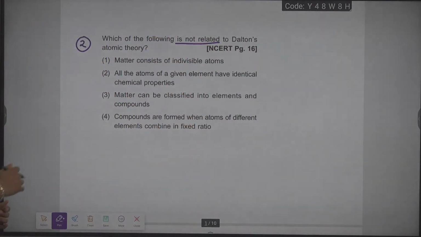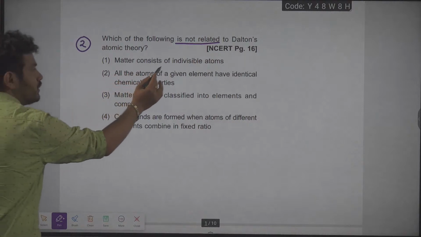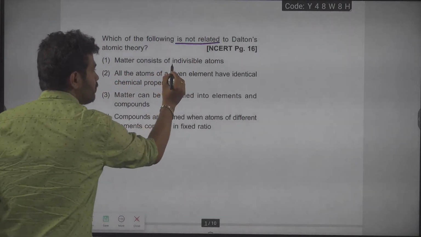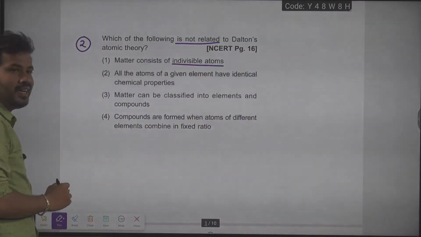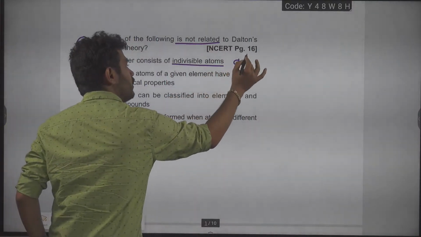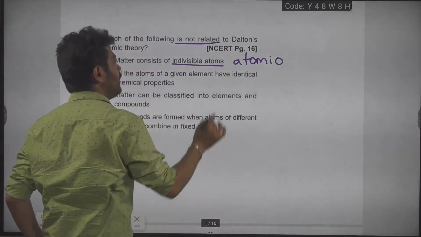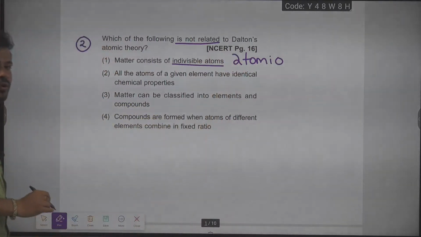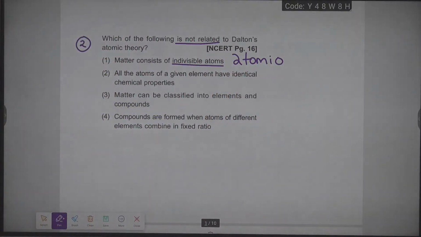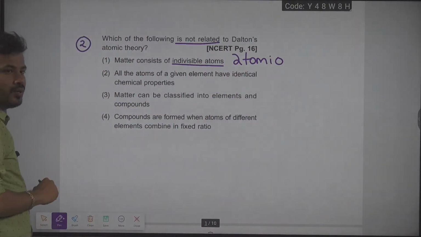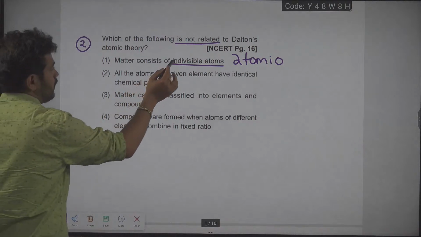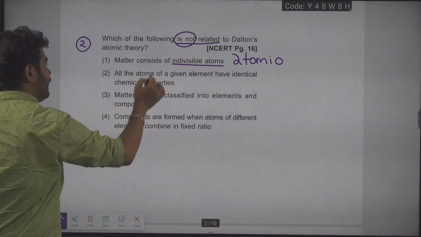The matter consists of indivisible atoms. Yes, it is correct. He called atoms atomio. Atomio means indivisible particles, if you remember, right? So that's why the first option is related to that atomic theory. But they are asking for not related. So let us find the other options.